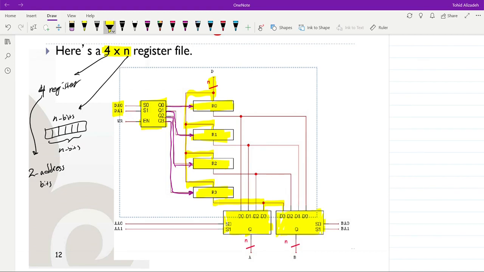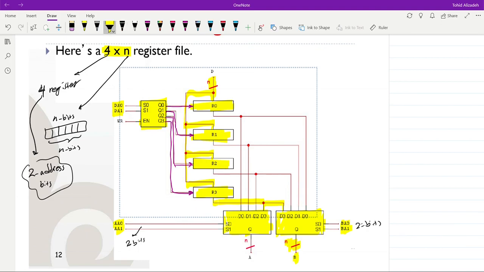The input lines to these multiplexers come from the data output of the registers, and in order to determine which register's data will appear at the data output, we use the addresses. So B address and A address here, and you can see that they have 2 bits, both A address and B address, and that's similar to what we have for the D address.